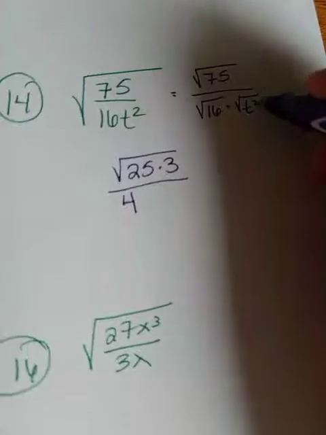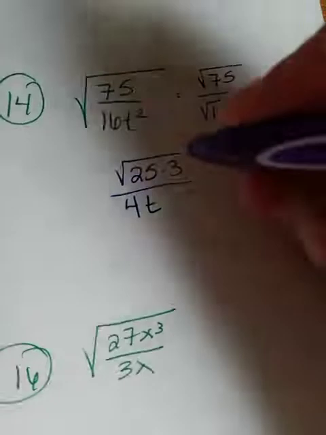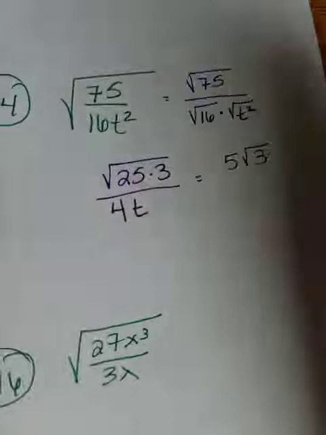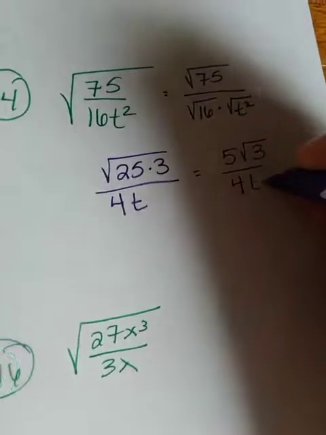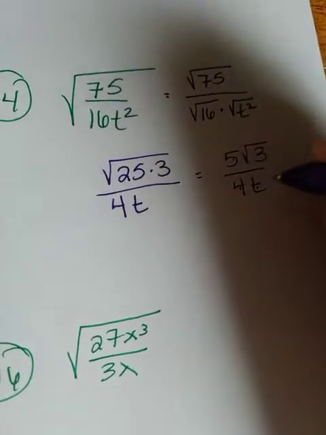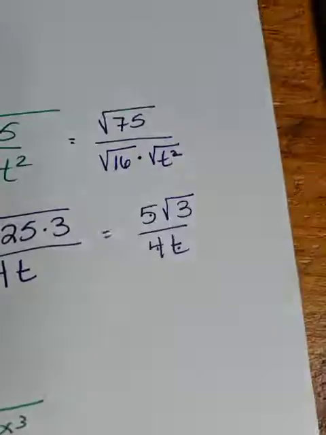Square root of 16 is 4. Square root of t squared, 2 is even. 2 divided by 2 is 1. That's just 4t. Now I just have to simplify this. Square root of 25 is 5. I cannot take the square root of 3, all over 4t. The 5, the 4, and the t cannot be simplified. So, that's your answer.